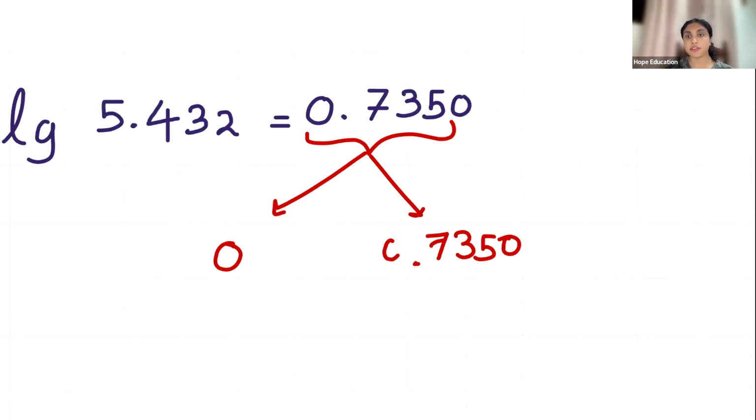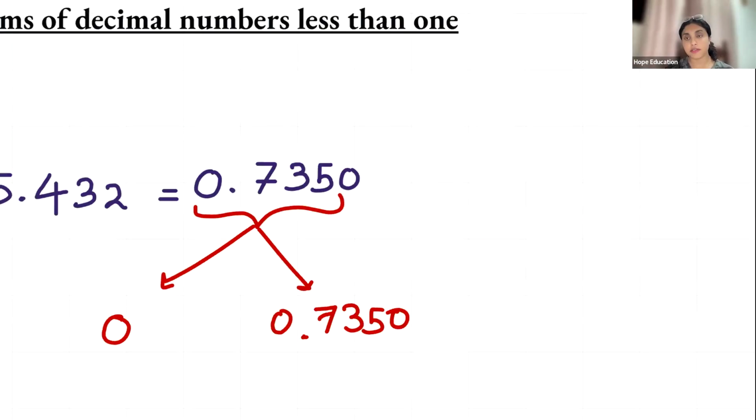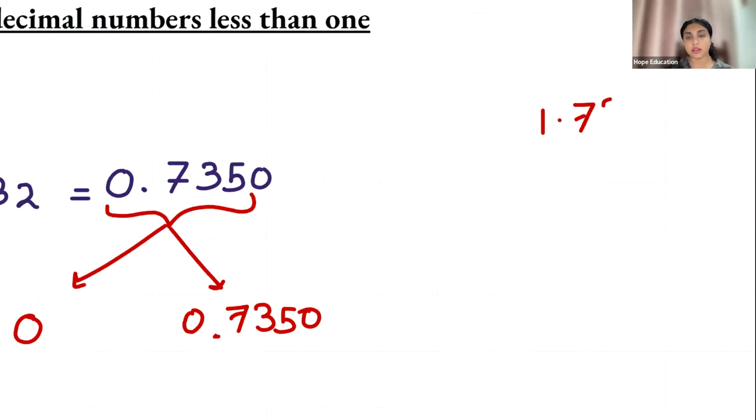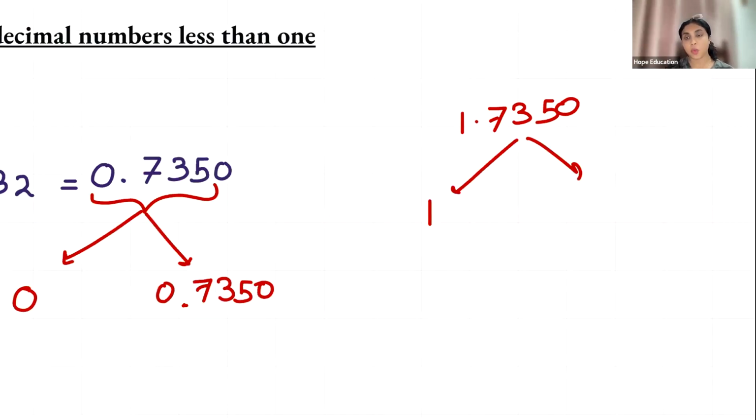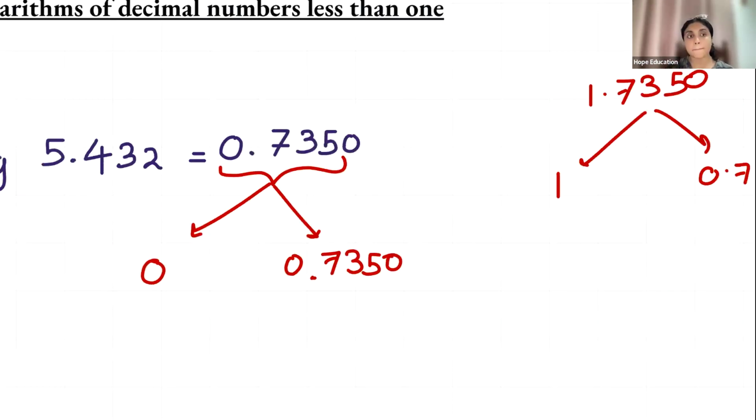For an example, if you take 1.7350, we say it is made up of 1 and 0.7350. So 1 plus 0.7350 is 1.7350. Likewise, this is made up of the 0 separately and 7350.